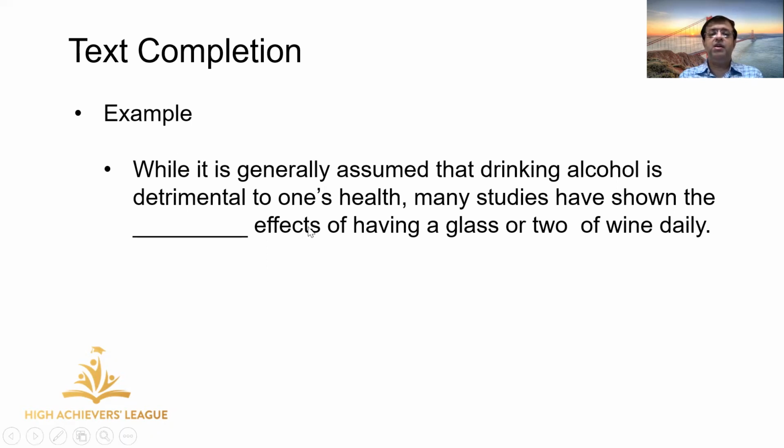So this means studies have shown positive effects. This trigger word was very important to concentrate on, so that we know the second part of the sentence will be changing. So what are the three things that I talked about? The clue, the tone, and the trigger words.